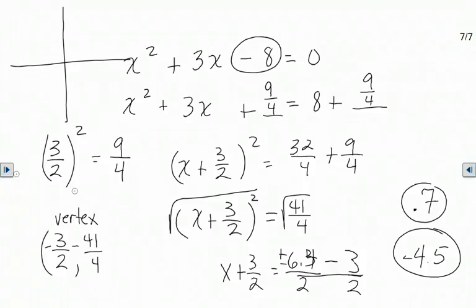Okay, so this is negative 1/2, negative 10. It's actually negative 4.7.